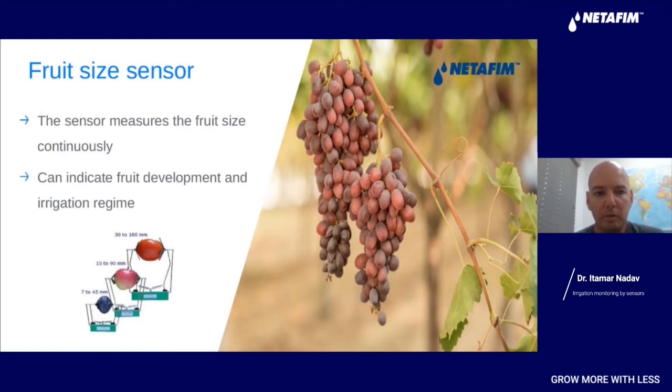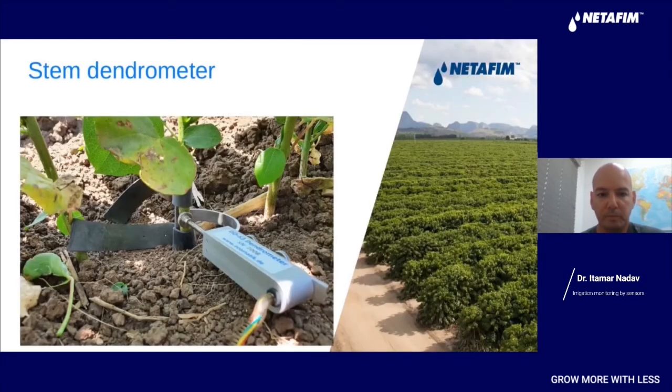And another sensor that we have is fruit size, and it comes with different sizes, and it measures continuously the fruit size, and it can indicate if the fruit is developing according to plan, and if we need to irrigate more, because sometimes if we do under irrigation, the fruit will not develop as it should, and we need to increase irrigation.